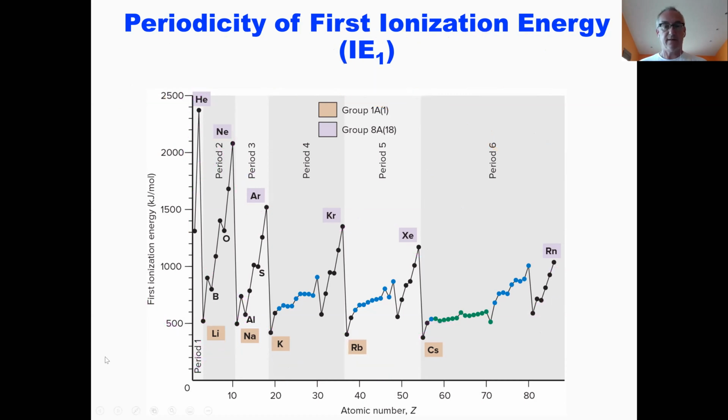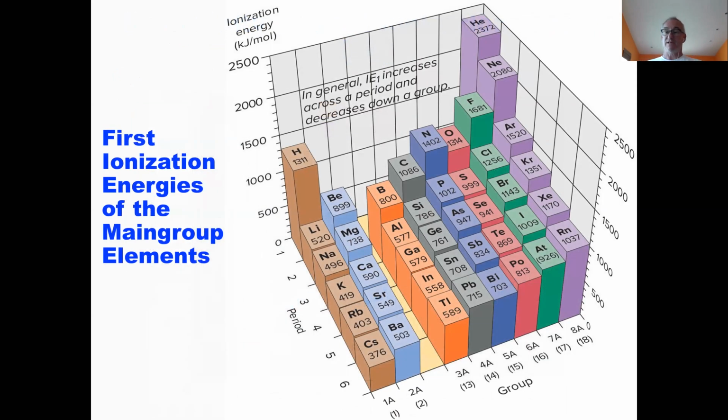Now, this is just to give you an idea. So these are the main group elements. Again, we're not looking at the transition metals yet. We'll look at them in a second. So we can see two patterns going on. What are the two patterns that you notice of the ionization energy as we look at the table here?